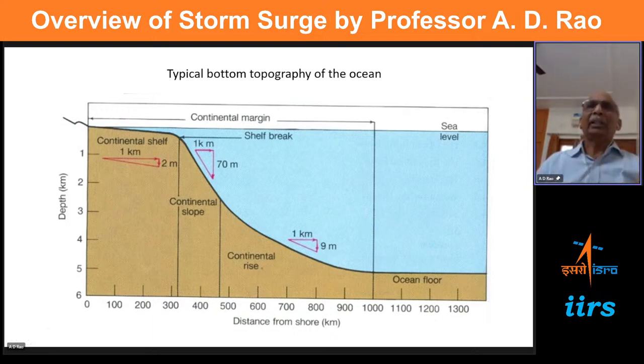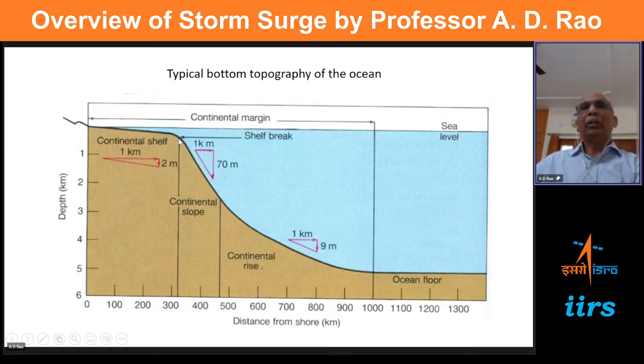That is called the continental shelf. After that the depth increases suddenly, meaning in 1 kilometer, the depth increases by 70 meters. So this is a typical profile. At any coastal place, the width of the continental shelf is from the beach up to where the shelf break comes.